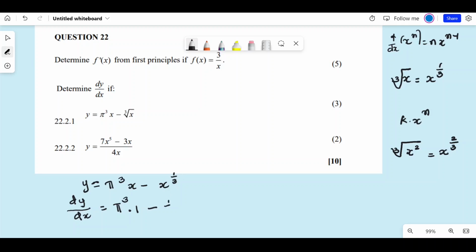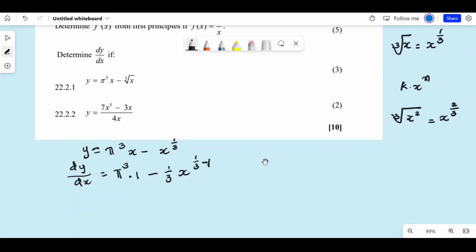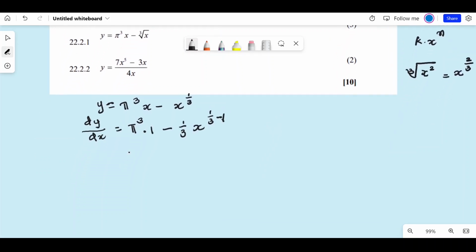Here the n is 1 over 3, x to the power n minus 1. So the answer will be pi cubed minus 1 over 3 x to the power negative 2 over 3, when you subtract. This is the final answer. That's all.